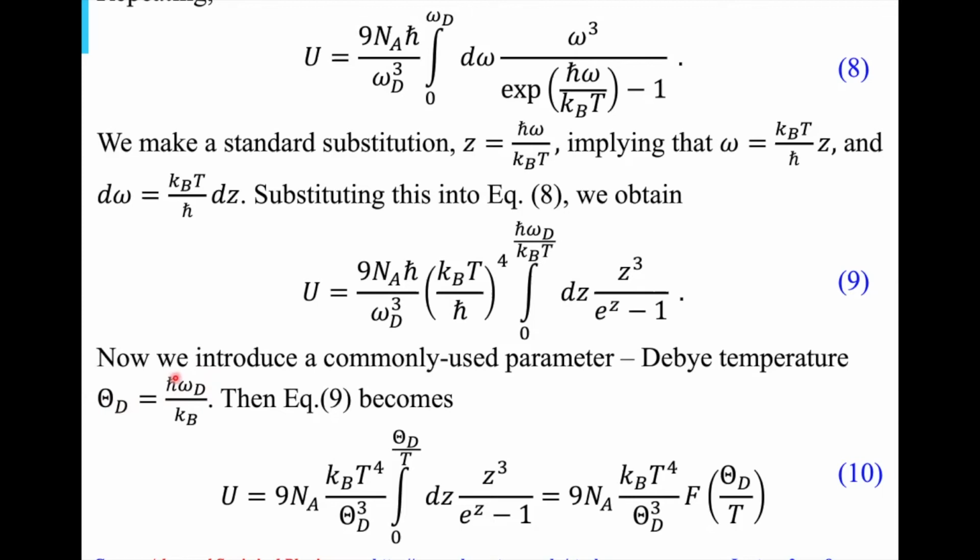This is the meaning of the Debye temperature. Now this ratio is the ratio of the Debye temperature over thermodynamic temperature, because h omega_D over kB is theta_D, and I have 1 over T here. This integral I can denote as f. It's a function of the dimensionless quantity, which is the ratio of theta_D over T. This function is called the Debye function.